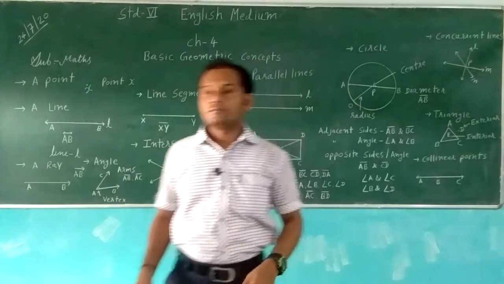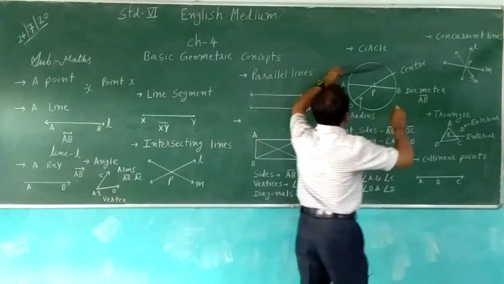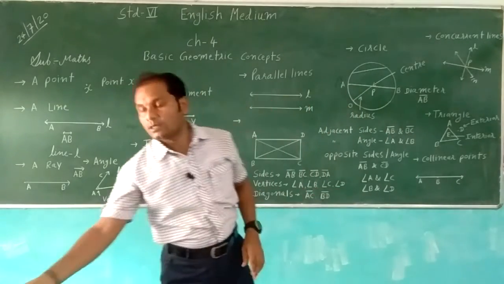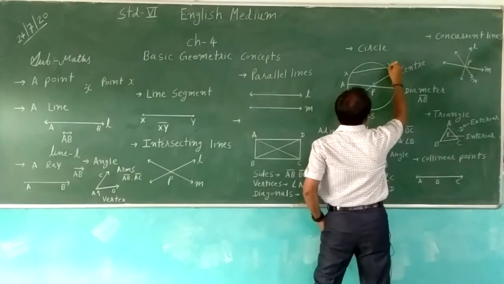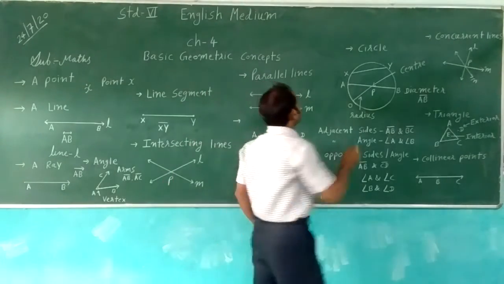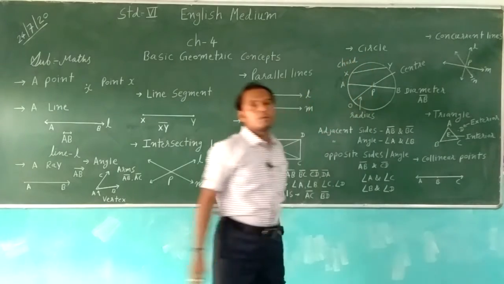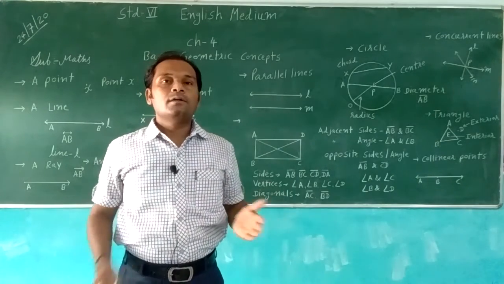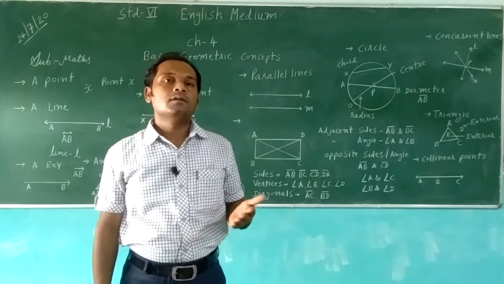If a line is passing through the circle and has two end points, but the line is not passing through the center of the circle, it is called a chord. A chord of the circle is a line which is not passing through the center and both end points of that line lie on the circle boundary.